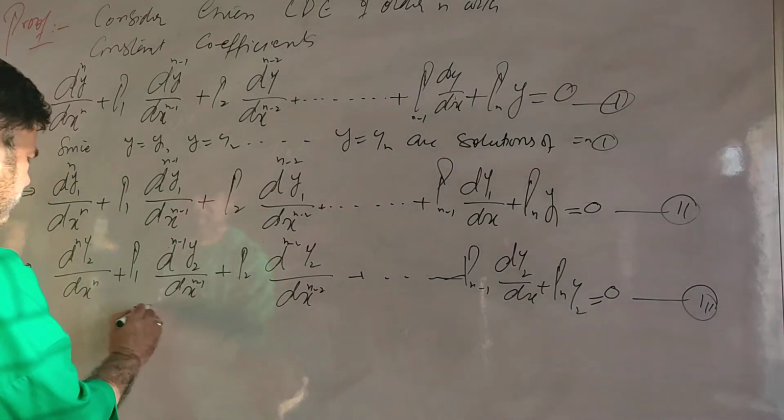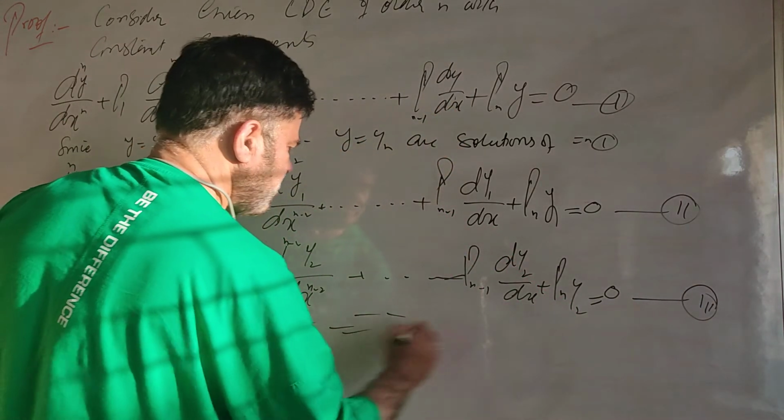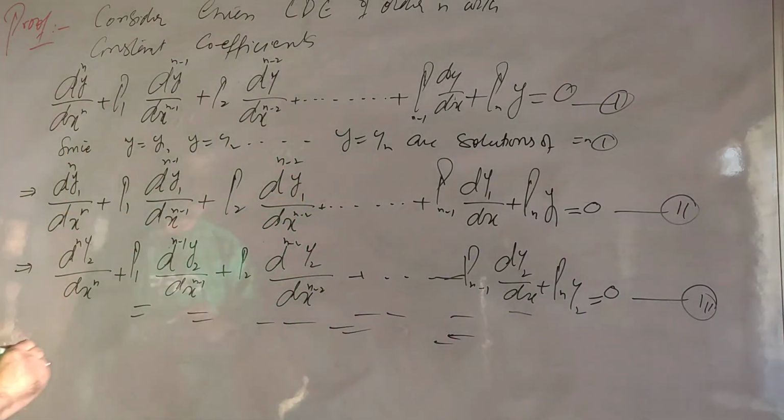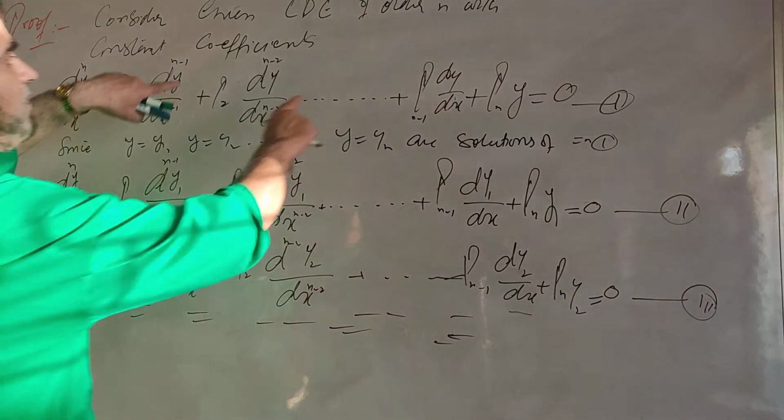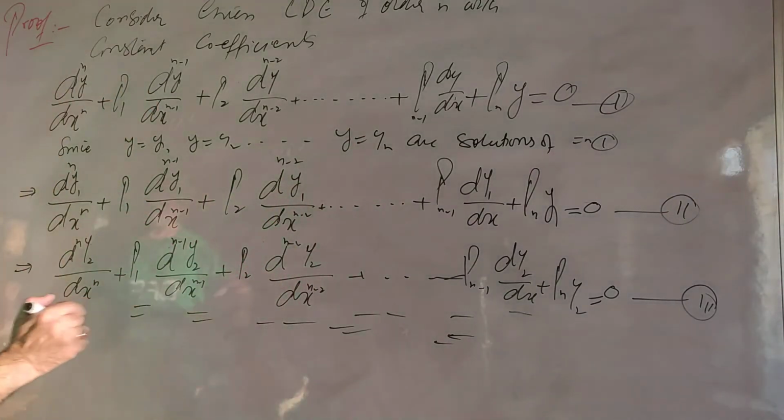Now proceeding this way, I will not write each and every solution now. I will proceed onwards. So when I take y is equal to yn as a solution, what will this be?